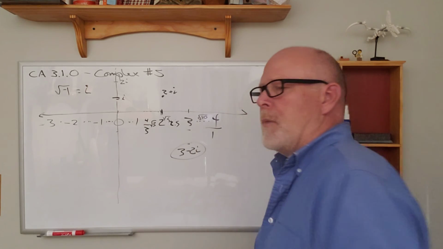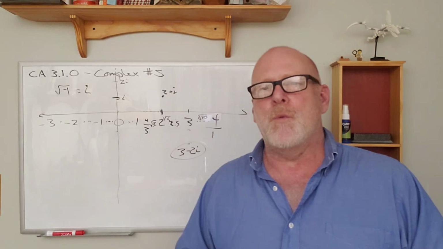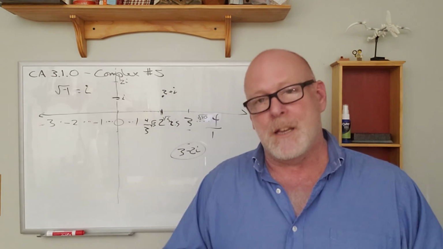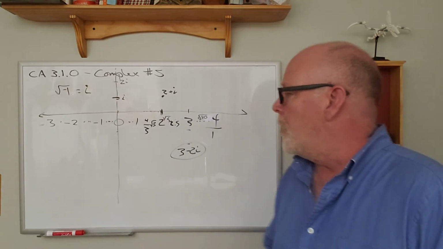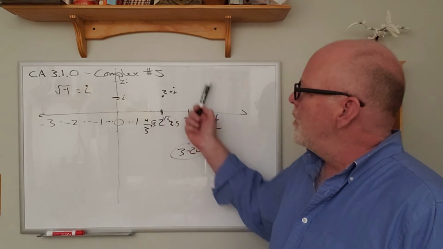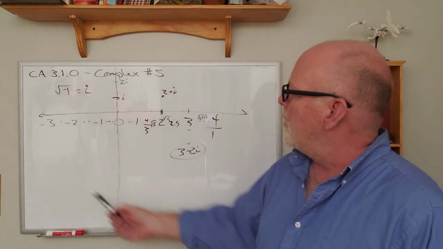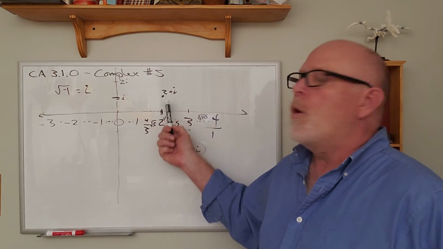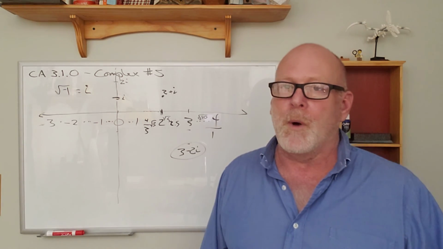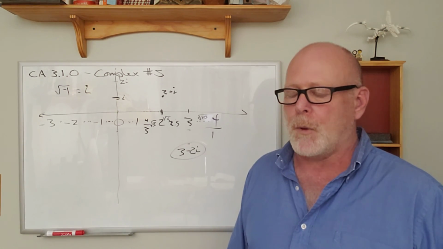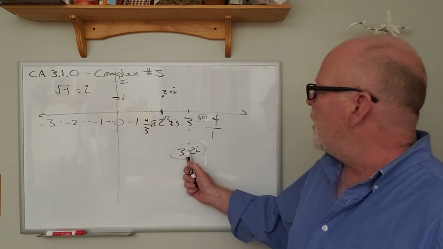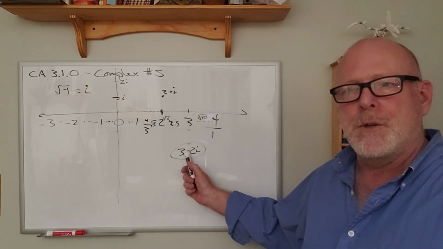So a complex number is defined as any real number plus or minus any imaginary number. And it corresponds to a place in this thing that we call the complex plane, right? 2 plus i would be the same place you'd think of 2 comma 1 being as a point in the Cartesian coordinate system. 3 comma negative 2 would be here, so 3 minus 2i is there.